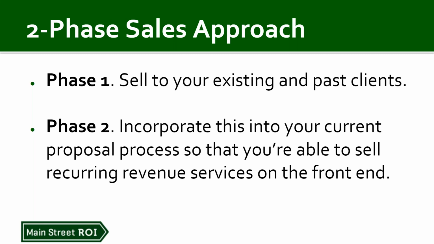And if the client has the budget, bundle in the paid search ads and even paid social. But again, start with your existing past clients. That's phase one. And I would also just start with one service, keep things simple, and then you can always start adding on from there.